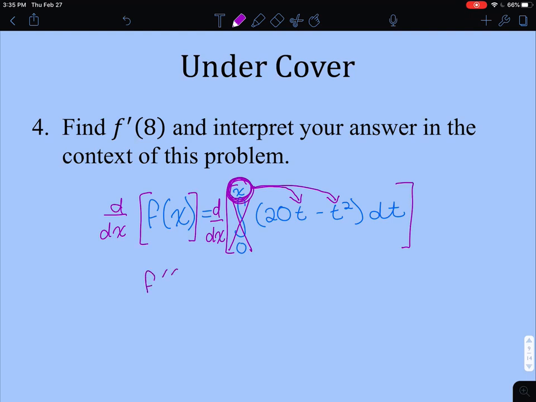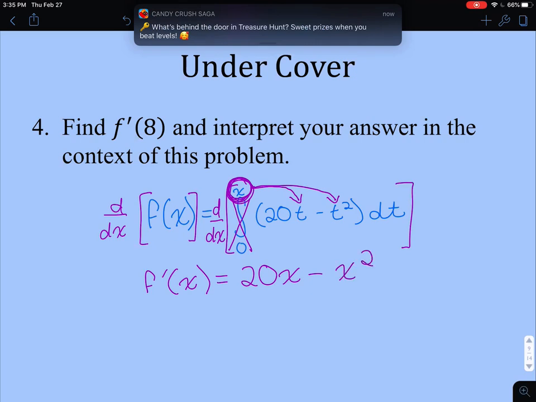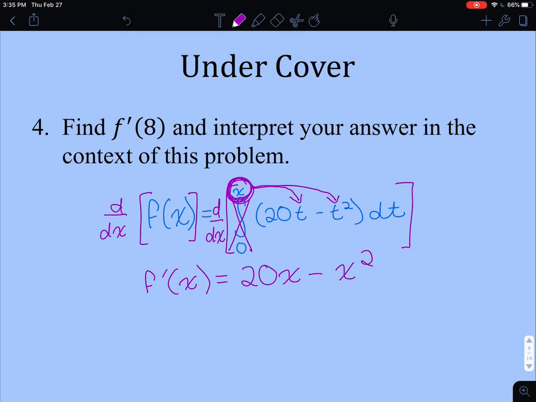So now I'm going to have f prime of x equals 20x minus x squared, and the dt goes away.